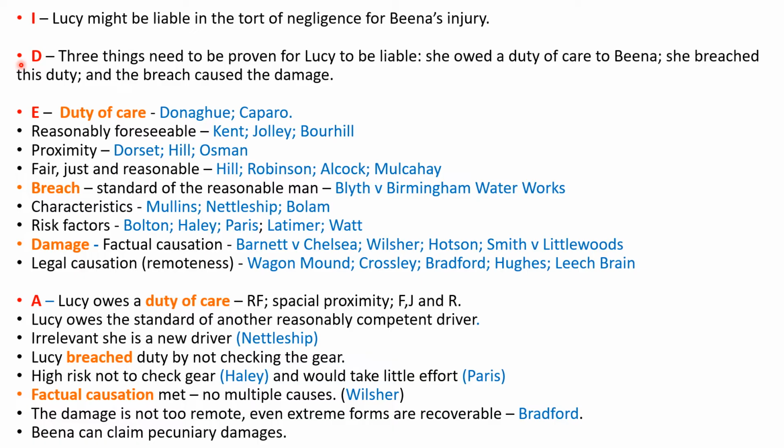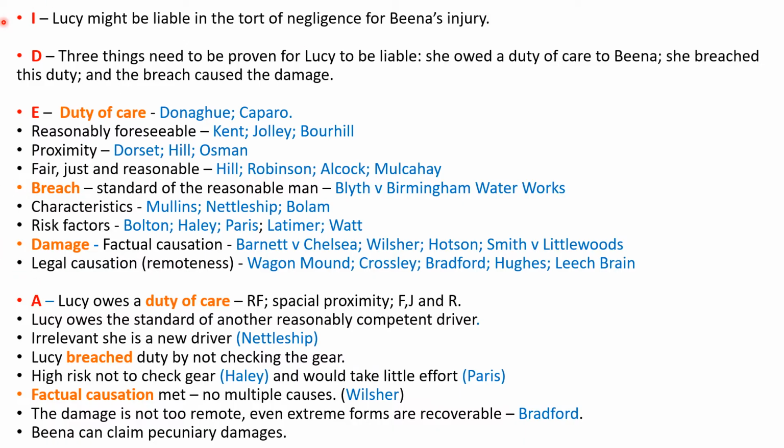We need to define the tort that we're explaining. We need to explain that tort using lots of cases, and we need to apply it back to the characters in our scenario. So you can see on this slide, I've highlighted the steps to getting a good answer: the identification, the definition, the explanation, and the application.